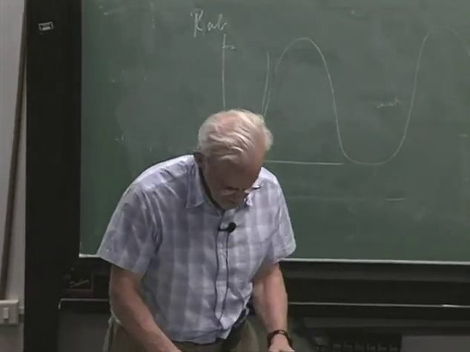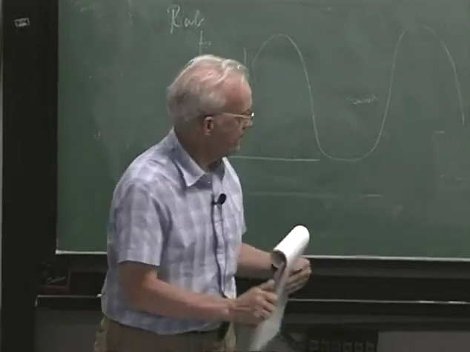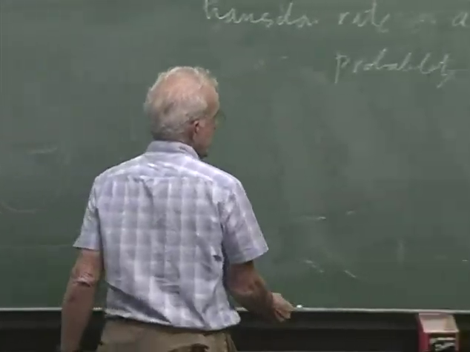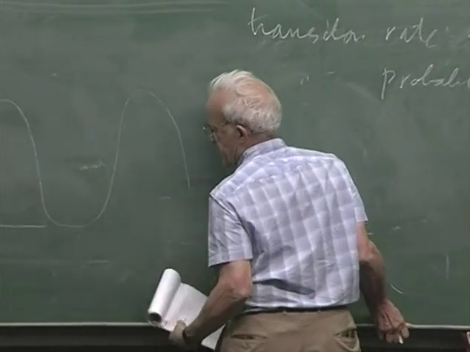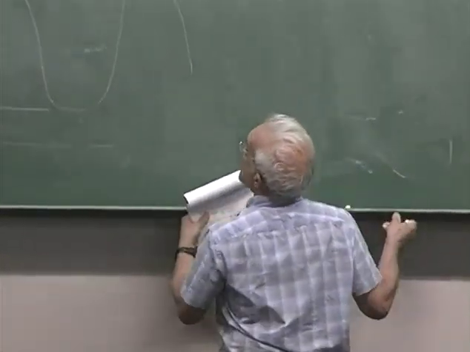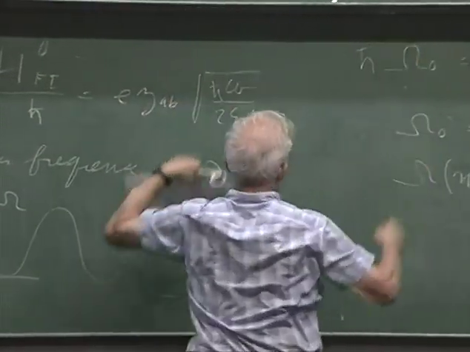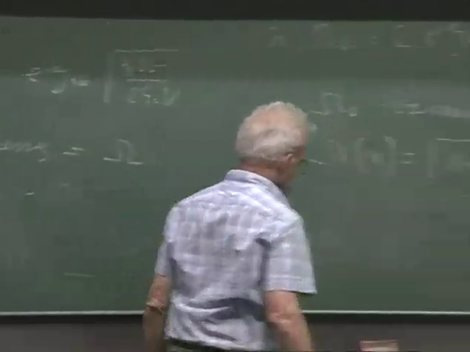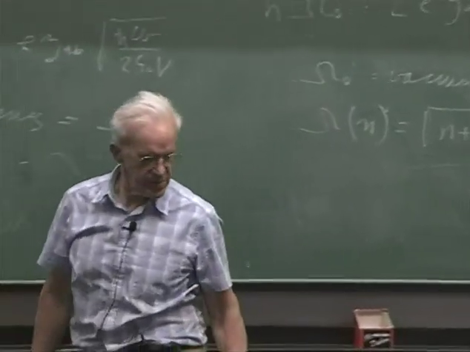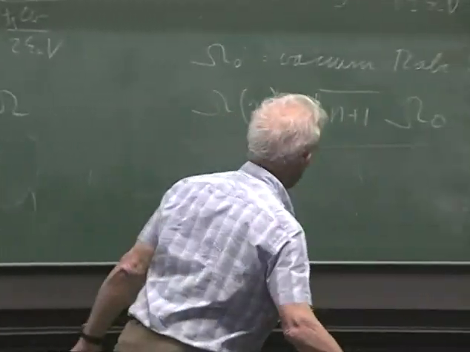But suppose we would like to look at longer times. When you do that, you have to take a limiting process on that sine squared function, and you end up with Fermi's golden rule.